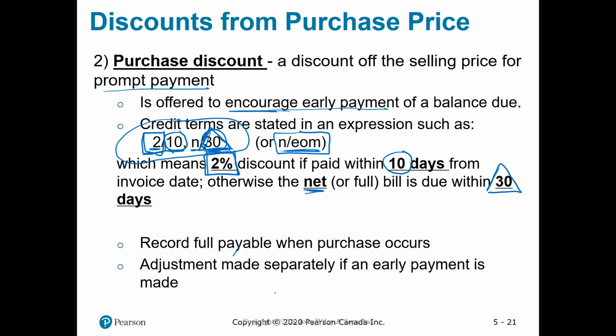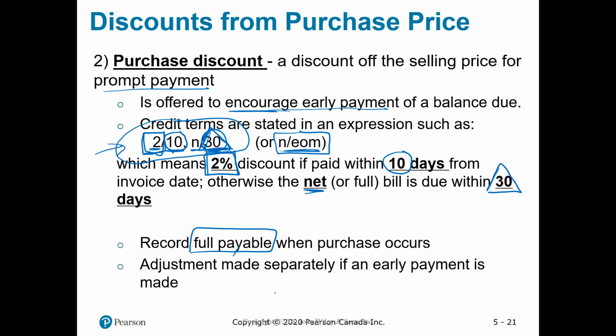Okay, so when you have a purchase and you have credit terms listed like this, you still record the full payable when the purchase occurs. Because when you're purchasing it, you don't know for sure if you're going to be able to pay that within the discount period. And therefore, you need to set up the full payable.